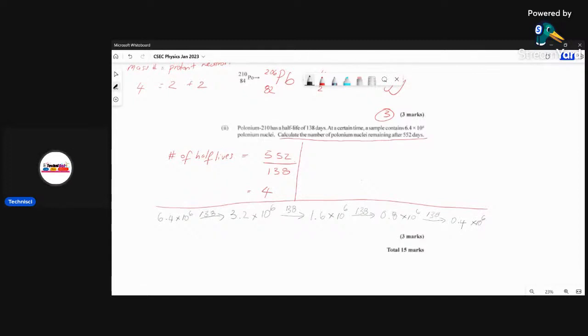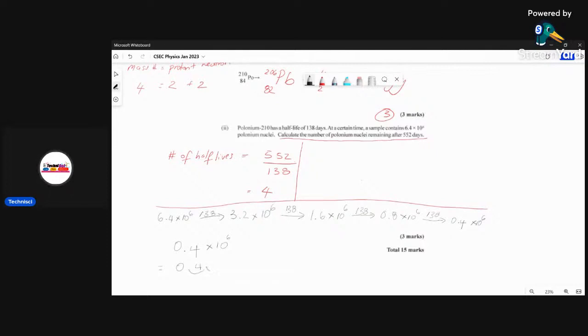But as physicists, we know we cannot write a number in standard form with 0 point. So, simple. If you want to write it in full first and then write it back in standard form, you can. So that 0.4 times 10 to the 6, I'm going to move my decimal place 6 times to the right because the power is positive.